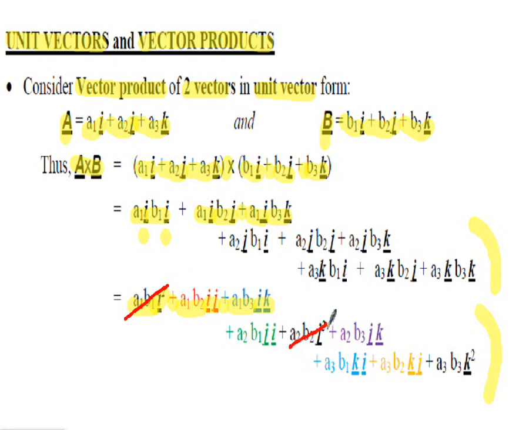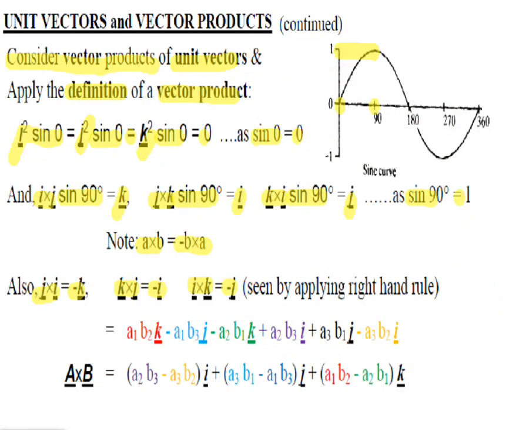This term will disappear because we've got a j squared, so that's 0. And this term will disappear because we've got a k squared, and k squared is 0. But all the other terms are now relevant to this vector product. What we can now do is replace the various ij's and ik's and ji's, etc. with the unit vector values we found on this slide here.